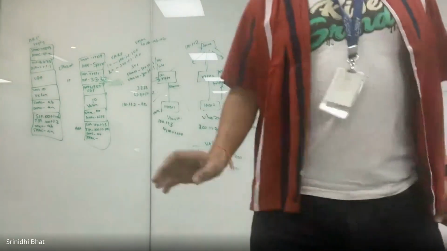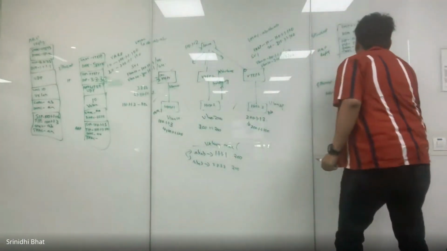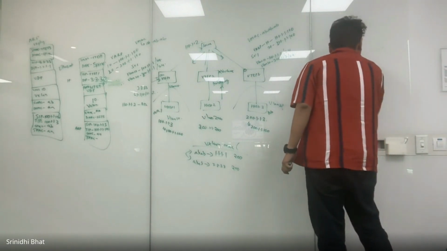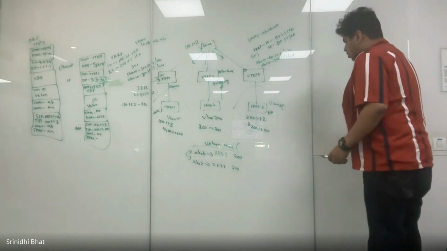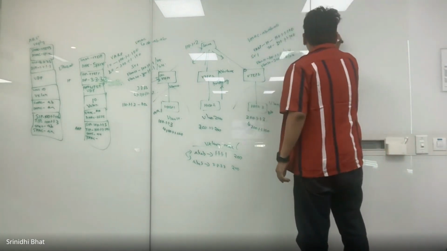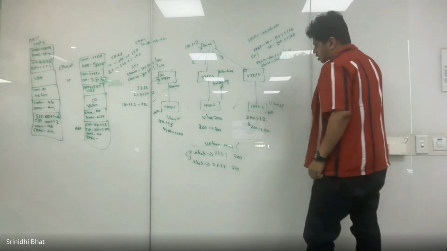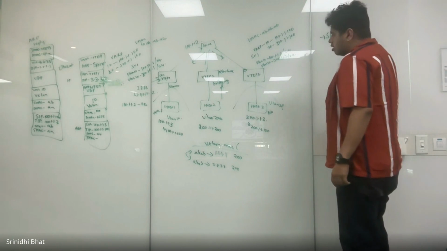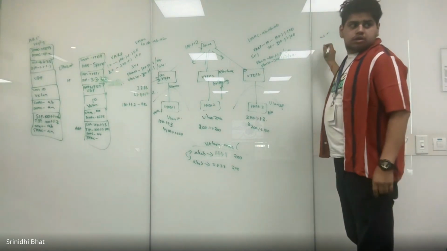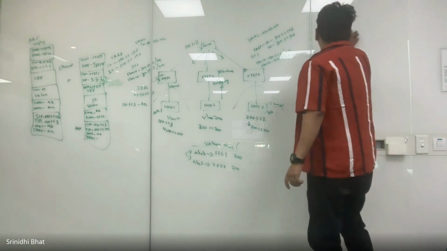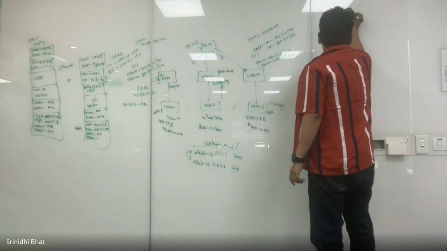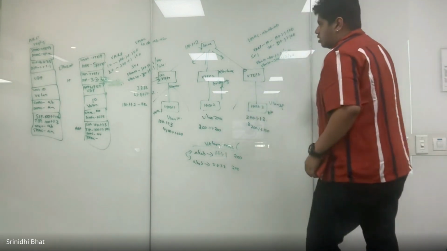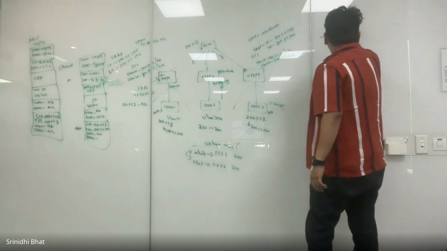Just write it down. So when it gets here, the source IP is going to be VTEP 2, the outer source IP, and the destination IP is going to be VTEP 3.